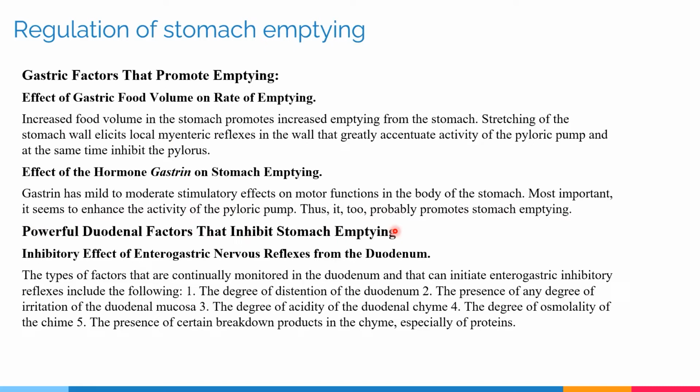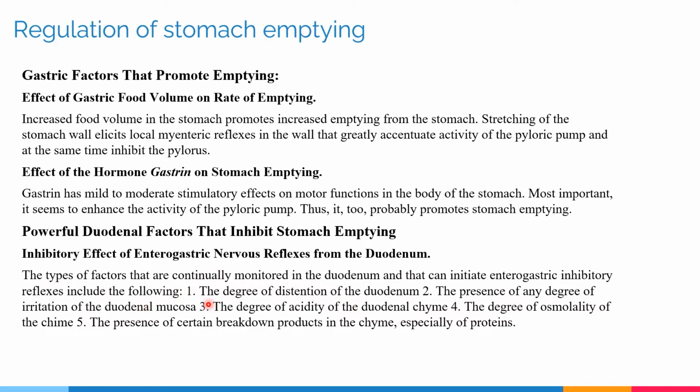Next, we'll look into powerful duodenal factors that inhibit stomach emptying. The first factor we'll look into is the inhibitory effect of enterogastric nervous reflexes from the duodenum. The factors that are continually monitored in the duodenum and that can initiate enterogastric inhibitory reflexes include the following.